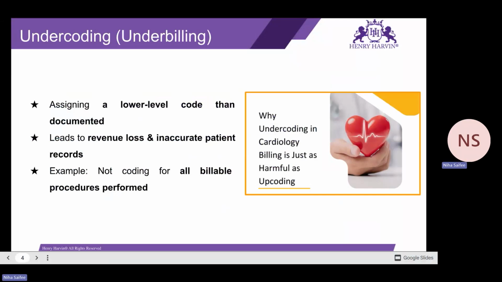If it is a very high loss, then it will be difficult for the healthcare provider to run his organization. So whenever undercoding is happening, it is always a huge loss for the physician. When there is upcoding, there is a huge loss for the patient.